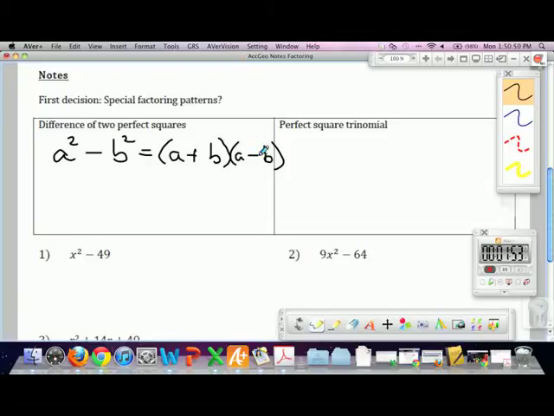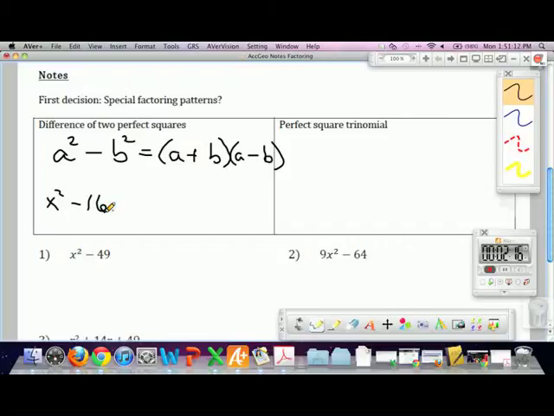So for example, let's get a perfect square. How about x squared minus 16? It fits this pattern. 16 is a perfect square, and x squared is certainly a perfect square.